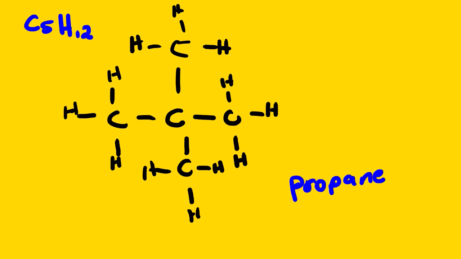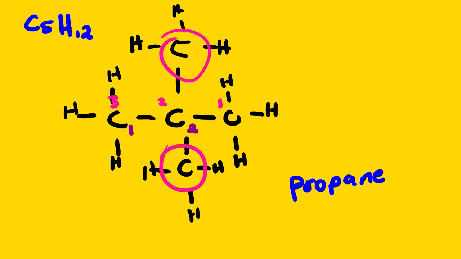And then let us try to locate the branch. So we have 1, 2, 3. Looking at the branch, we have 2 methyl branches, or 2 methyl groups. Even if you take it from the left, we have 1, 2, 3.